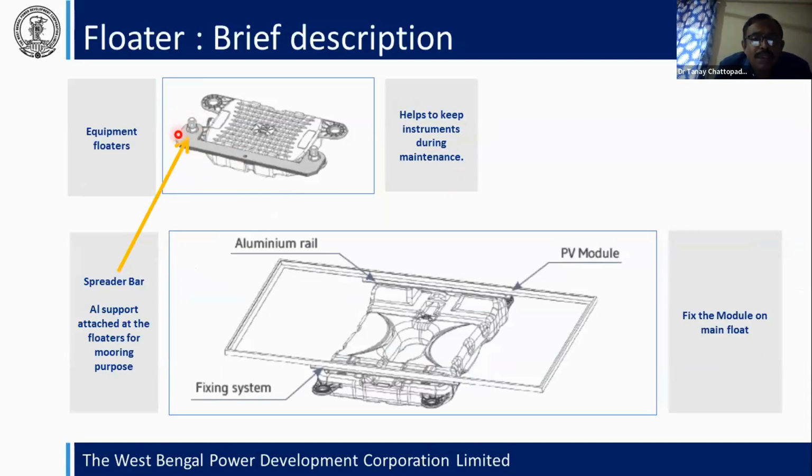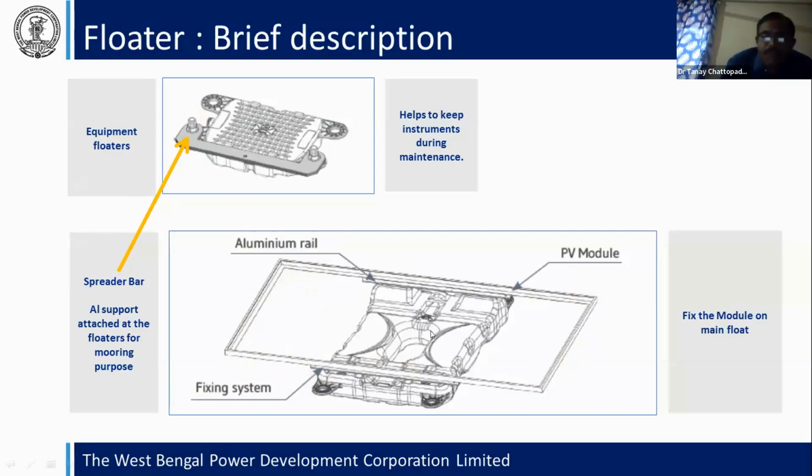Actually, this is made of aluminum or SS rod. And the mounting structure is on the main float, such that the PV panel can be mounted on it. This is the fixing system on the mounting platform.